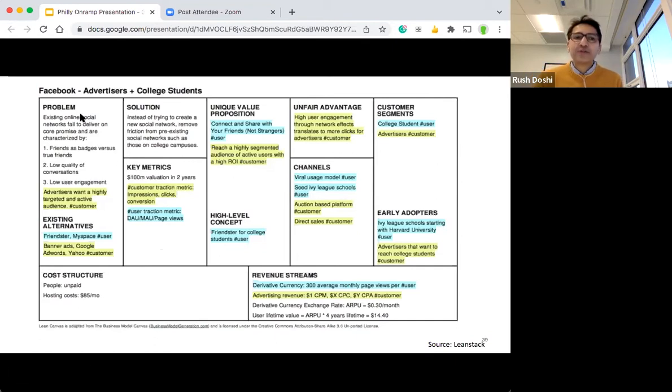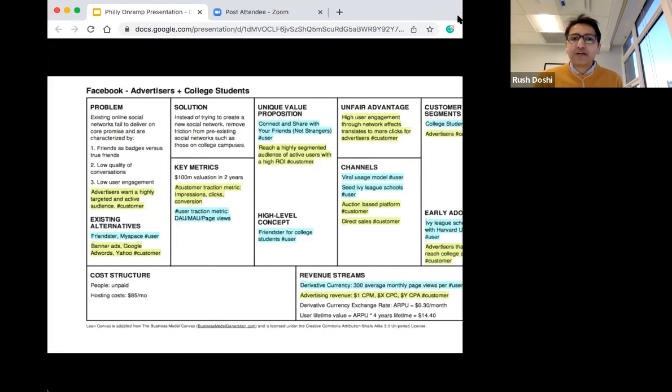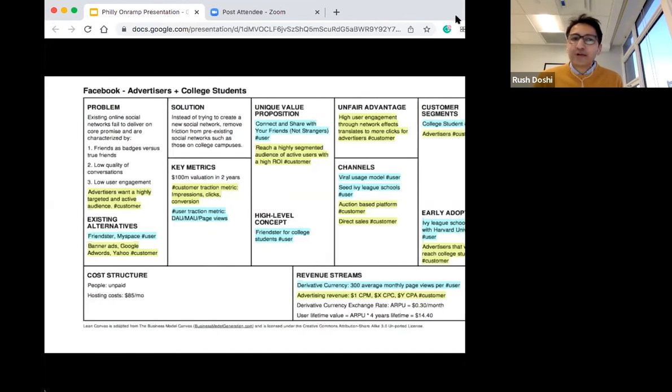But generally, when Facebook was first starting out, you can look at what the problems were that they were seeing. Back in those days, social networks were not with people that you were really friends with. At that time, it was mostly just MySpace, with emojis and all kinds of stuff. This is what they thought of as a problem.